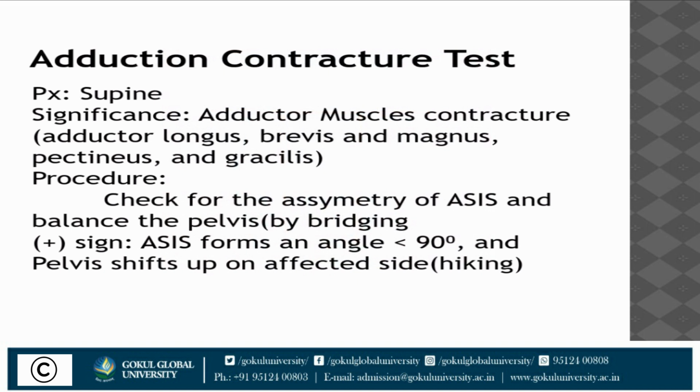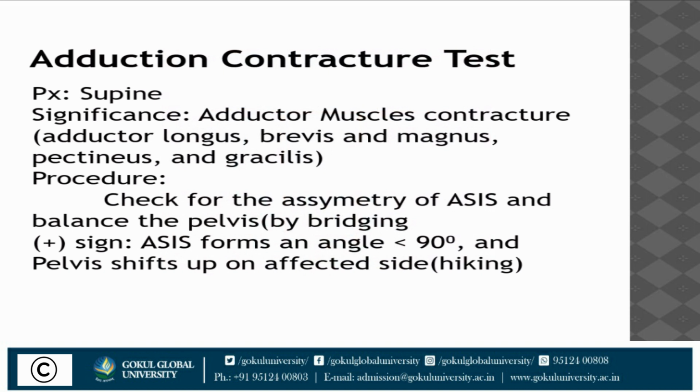In adduction contracture test, patient position is same, supine lying. In this, adductor muscle contracture is present, that are adductor longus, brevis, magnus, pectineus and gracilis. Procedure: check for the asymmetry of ASIS and balance the pelvis by doing the bridging. Ask the patient to do the bridging.